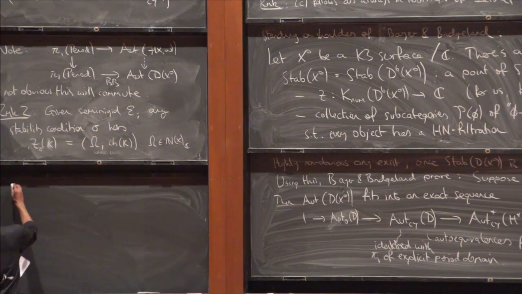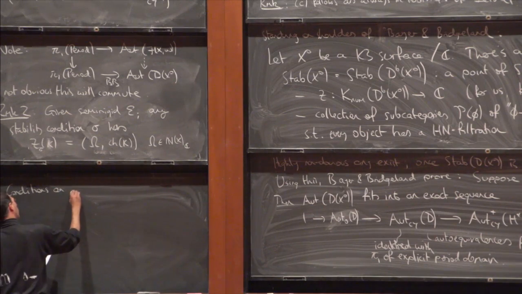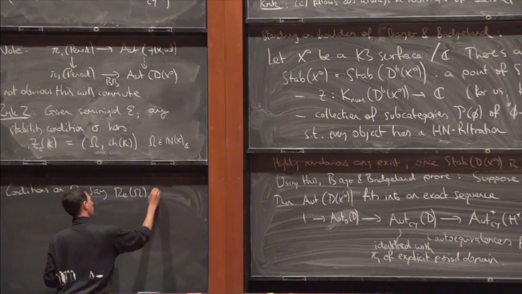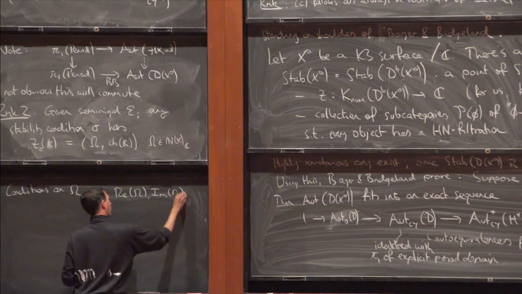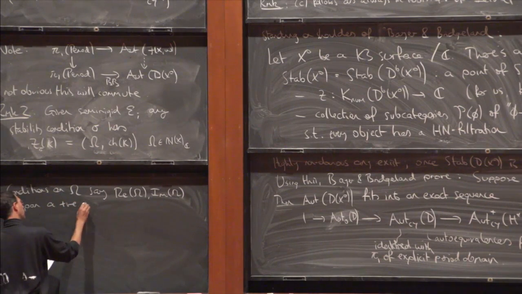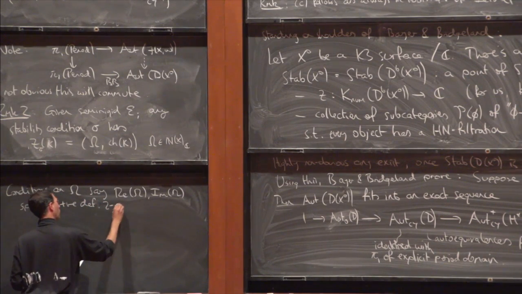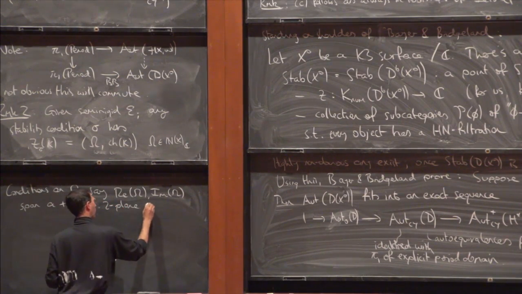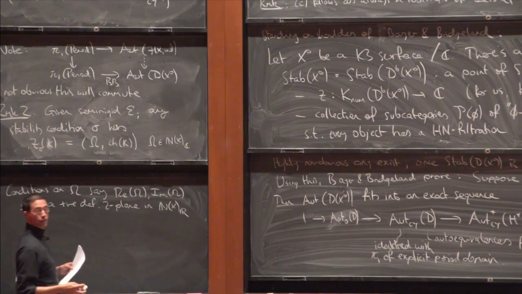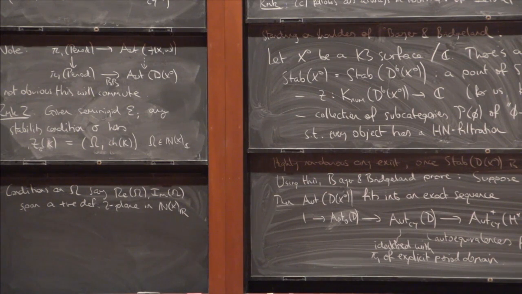And the conditions on this period type point say that its real and imaginary parts span a positive definite two-plane in the real three-dimensional space, N_X,R.